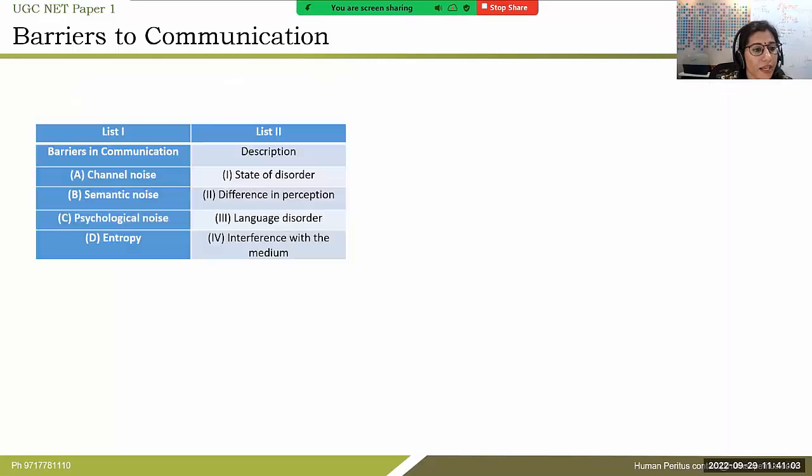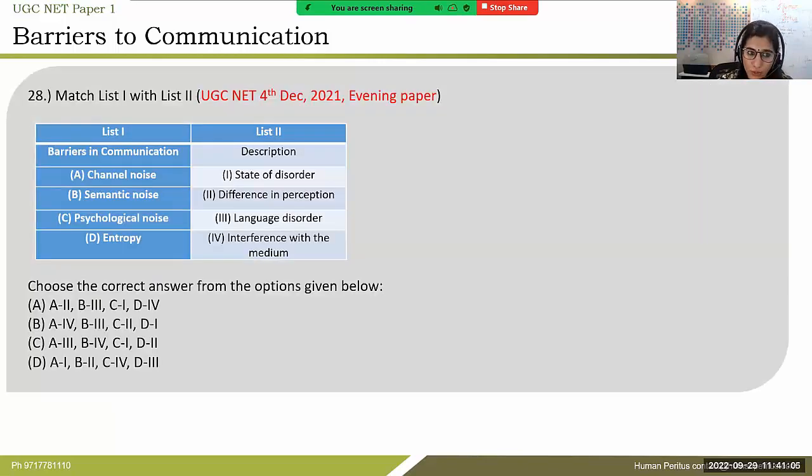All right. Next is match list 1 with list 2. Barriers and the description is given. So here, channel noise is related to what? Channel noise is related to interference with the medium. Next is semantic noise. Semantic noise is related to language disorder.